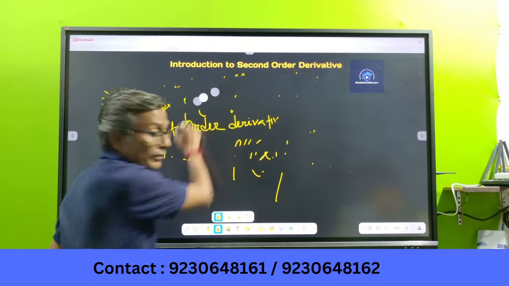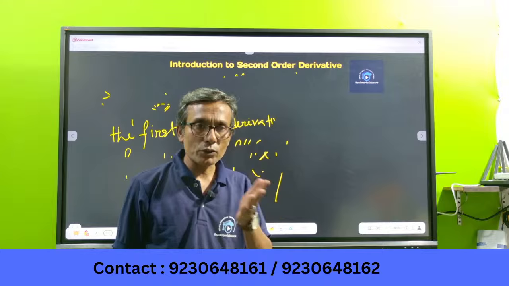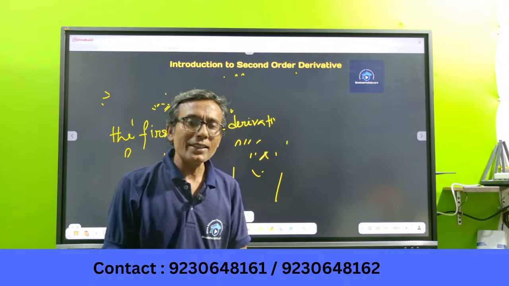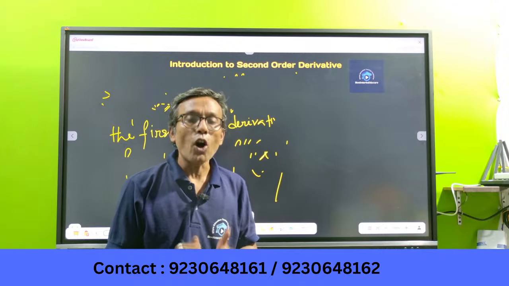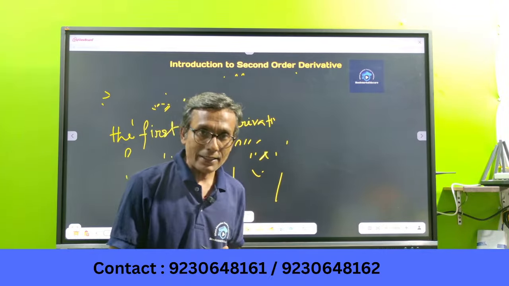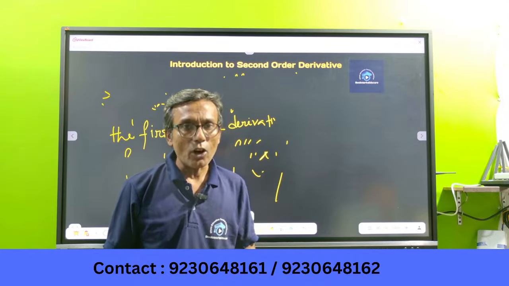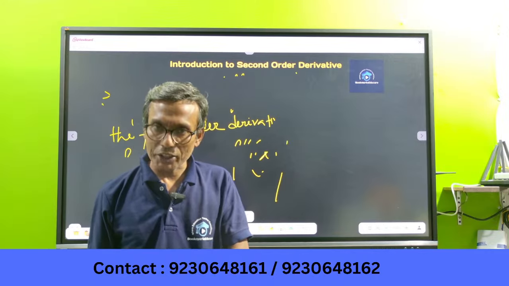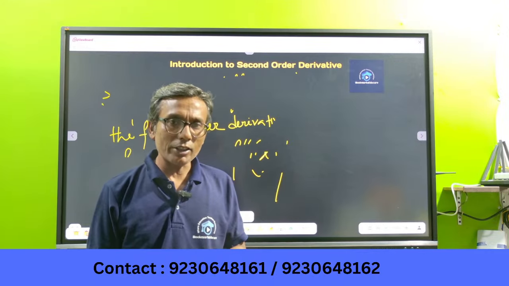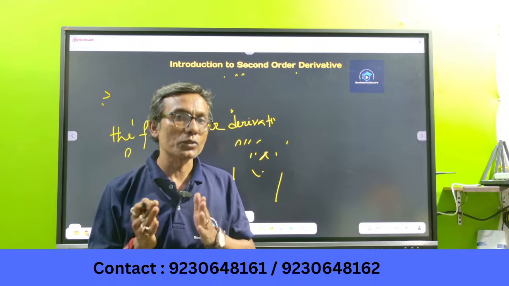The second order derivative indicates the change of the slope, as the first order derivative indicates the rate of change of the function, and the second order derivative indicates the rate of change of slope.